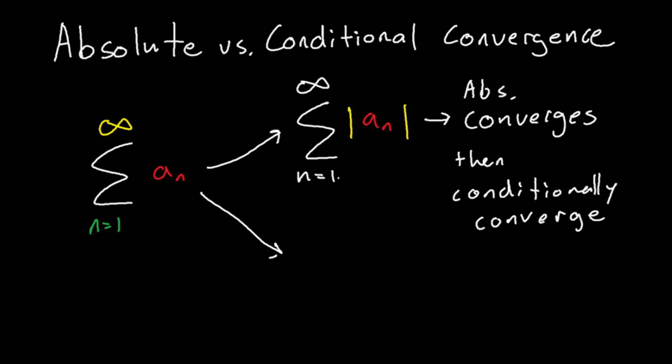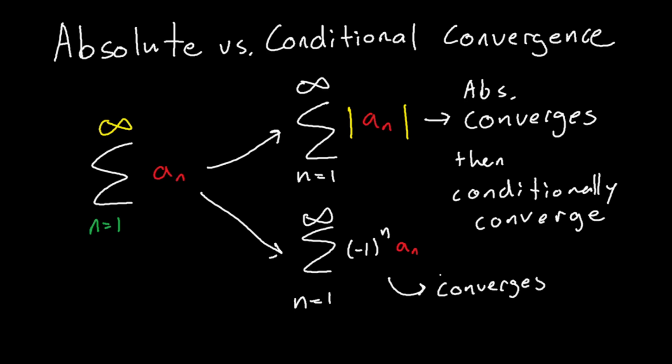Now, I've been talking a lot about absolute convergence. Let's talk about conditional convergence. So conditional convergence is basically just when, in most cases, you're going to have an alternating series, right? (-1)^n times a_n. And if your alternating series converges, then you conditionally converge.